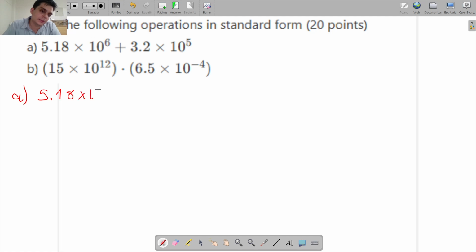5.18 times 10 to the power of 16 plus 3.2 times 10 to the power of 5. Here, we have to look for which exponent is the lowest. The lowest one is this.